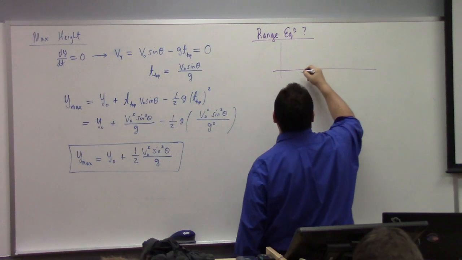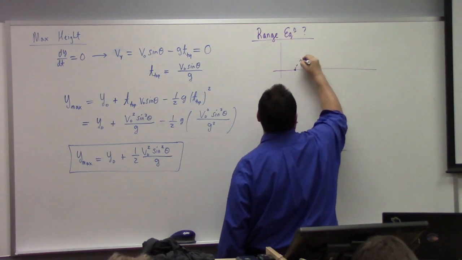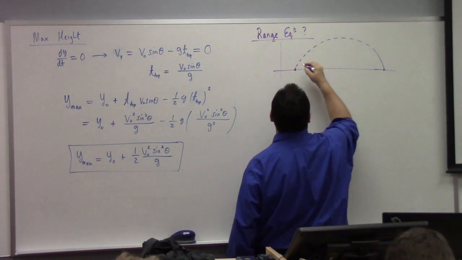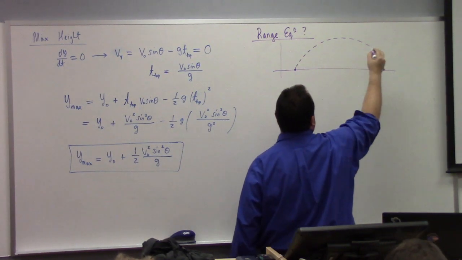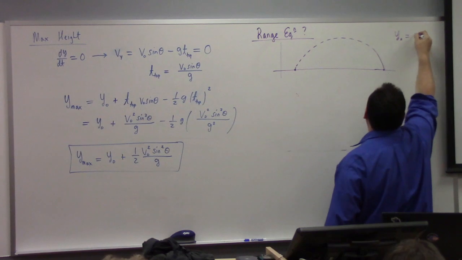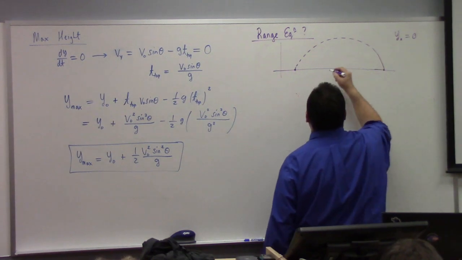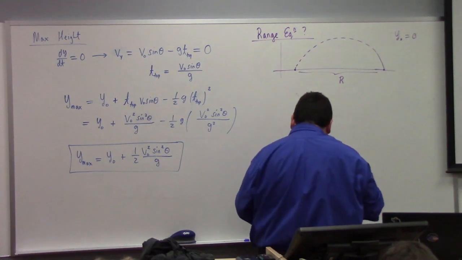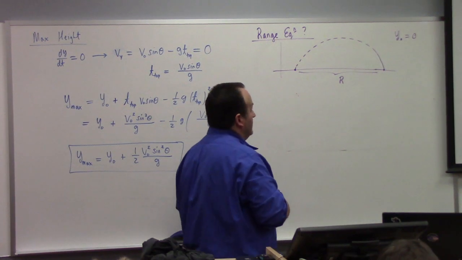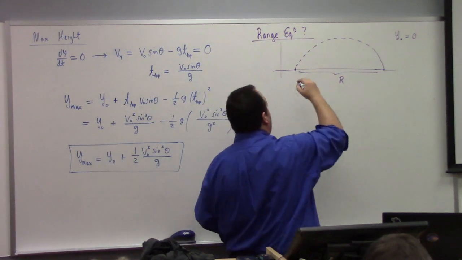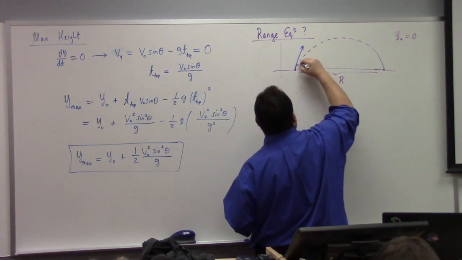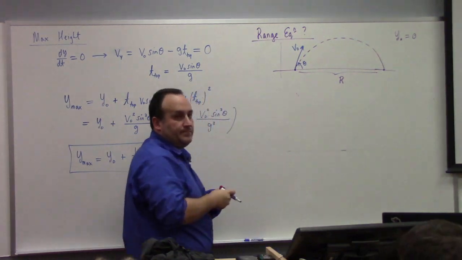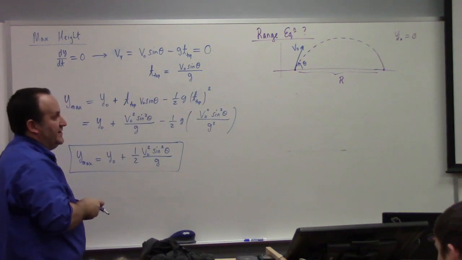So suppose we start here. The question is, how far does it take to get back to the same level? All right, so basically I'm just assuming y sub 0 is equal to 0, right? This distance here would be typically called r, the range. So again, we're launching it at angle theta with initial speed v0, right? How far does it go?